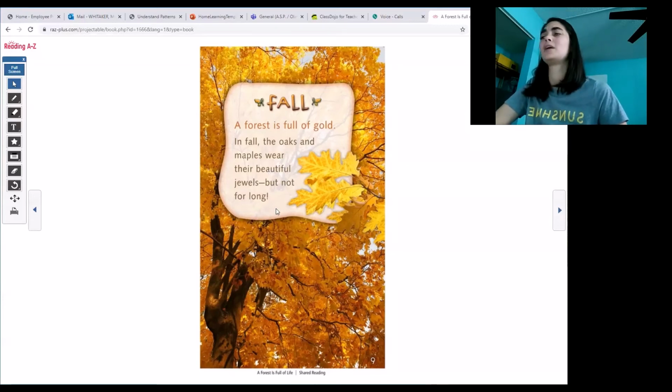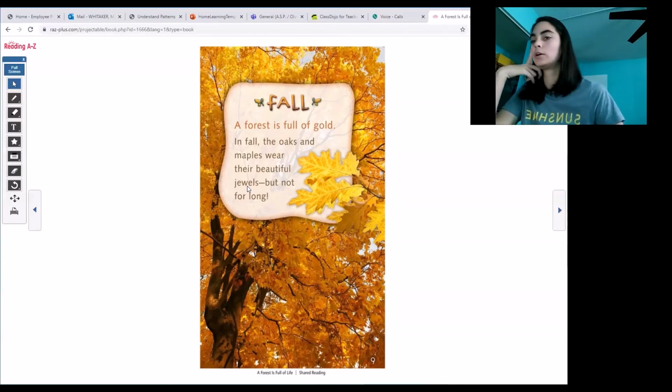So when I'm looking at this picture, I don't see any jewels. The oaks and maples wear their beautiful jewels. So I don't know what they're talking about with jewels. I don't see jewels, but if I'm looking at the picture, I see leaves and different colors.